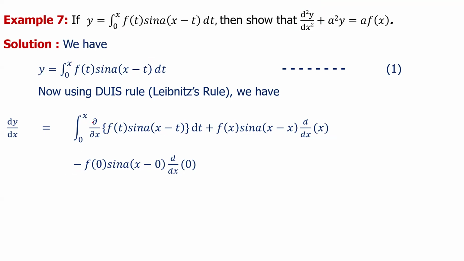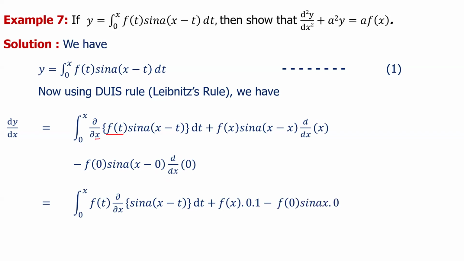minus the functional value of f of t sin a into x minus t at lower limit t equal to 0. So just put t equal to 0 over here. F of 0 sin a x minus 0 and derivative of lower limit, which is 0, with respect to x. Let us again simplify it. Here f of t is constant, so we can take it outside with respect to x.